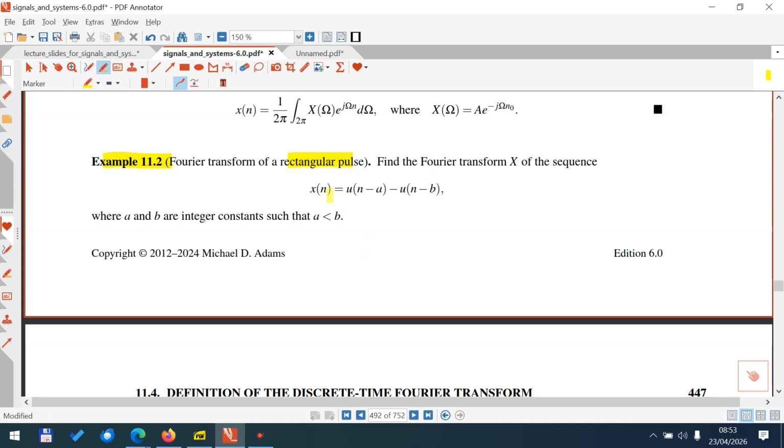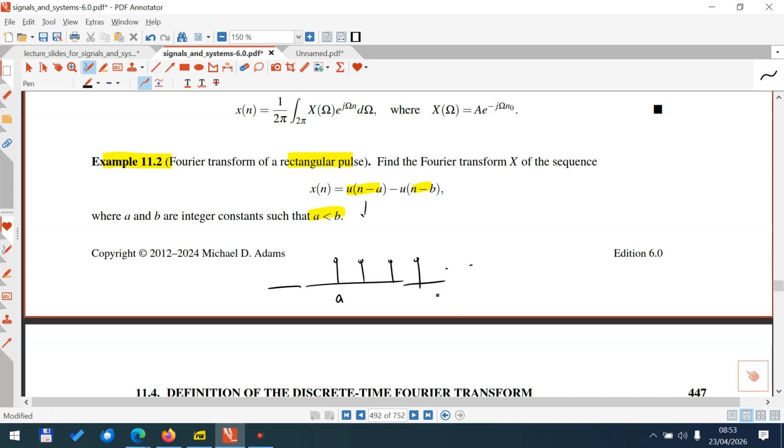So if you define your signal in this way, you have a discrete time unit step at A and a discrete time unit step at B, and you subtract one unit step from the other, and you need to make sure that A is less than B. It will look like this: a discrete time signal starting at A, and then you have another discrete time signal.